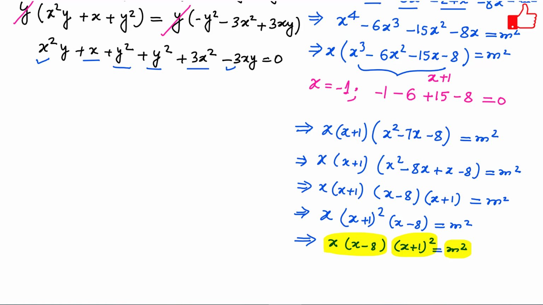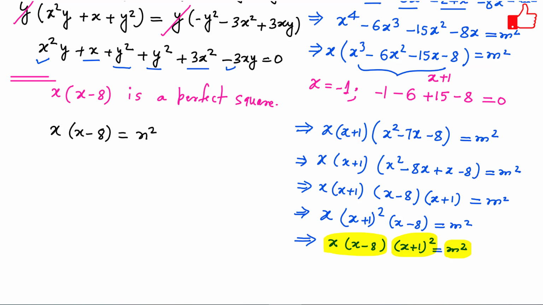So now I have a conclusion, that is x(x − 8) is a perfect square. Let us say this perfect square can be written as n². So you will have x(x − 8) equal to n². If you expand, you will have x² − 8x, and let us say this is equal to n².